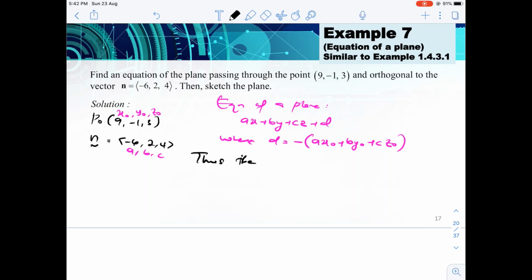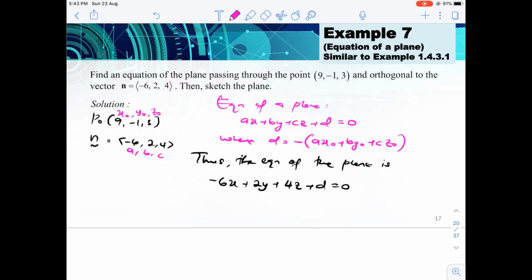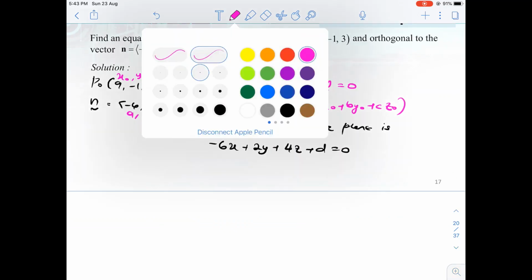Thus the equation of the plane is ax plus by plus cz plus d. So a is negative 6, so negative 6x, plus b is 2, so 2y, and c is 4, so plus 4z plus d equals 0. Now let us calculate the value of d.